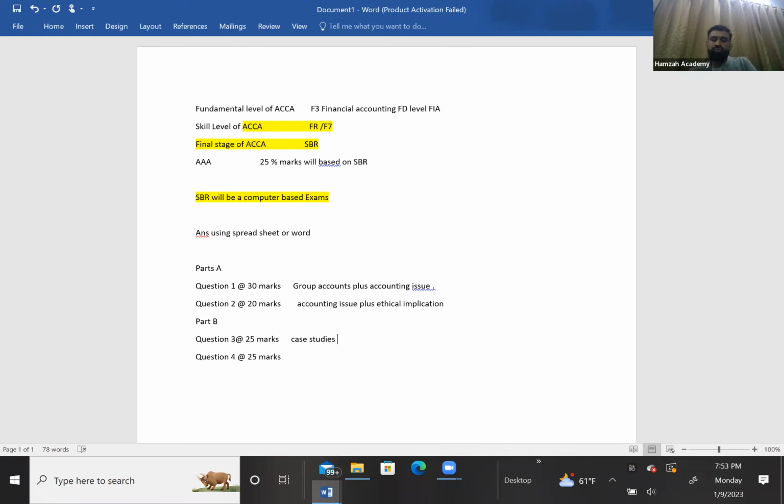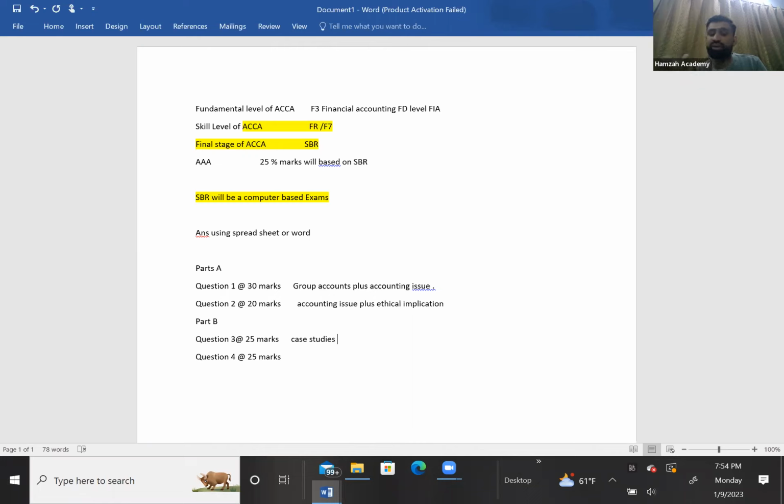Okay, so if I summarize, so that we have 100 marks, and if I give you an estimate, as per my experience, out of 100, 90% marks would be based directly or indirectly purely on the knowledge of accounting standards, and 10 or less than 10 marks would be available for other issues, maybe on the conceptual framework or any current issue, for example, a topic on integrated reporting, alternative performance measurement, or corporate social responsibility.